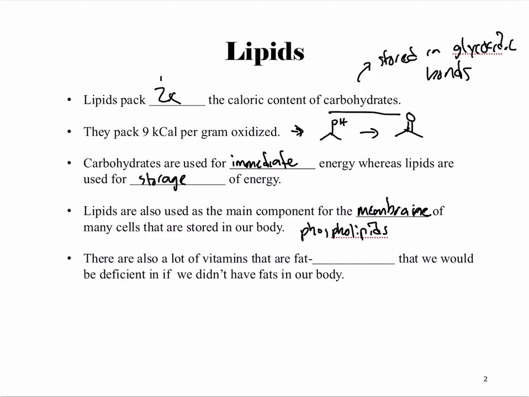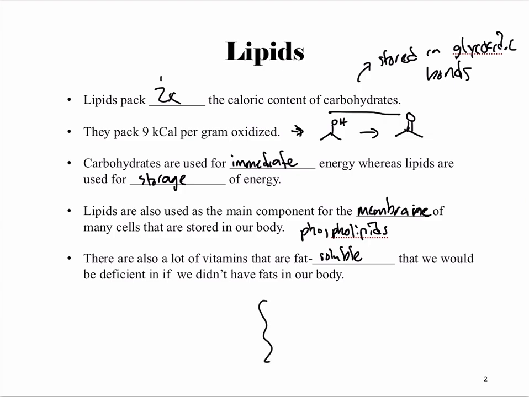Lipids, we'll learn, have dual properties depending on the part of the molecule that you're looking at. A lot of vitamins are what we'd say are fat soluble. If they're fat soluble, that means if they're in a solution that has fat and water, they're going to go to which side of that, right?